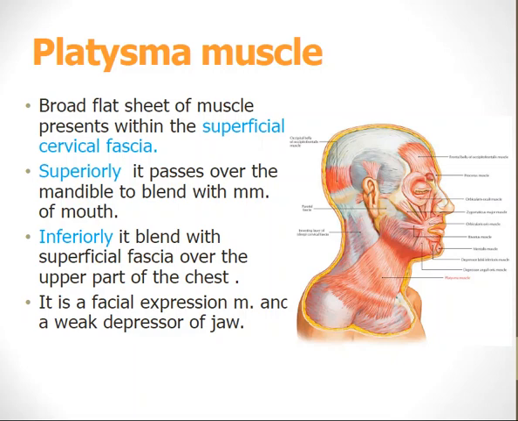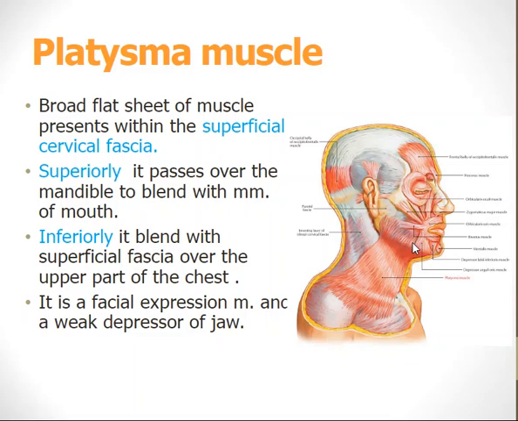Superiorly it passes over the mandible and blends with the muscles of the mouth, while inferiorly it blends with the superficial fascia over the upper part of the chest. Functionally, the platysma is regarded as one of the facial expression muscles, and it might also cause a weak depression of the jaw.